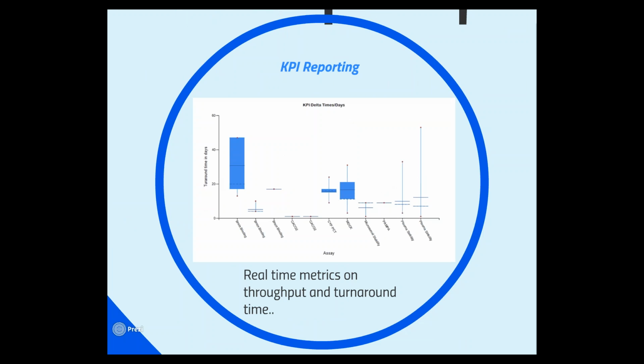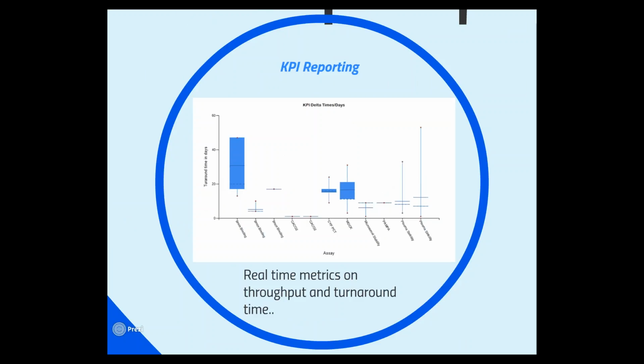Once all that's in and integrated, of course, that means that we're capturing real-time information on the delivery process, which means we can take advantage of that information and produce real-time metrics on things like throughput and turnaround times. So this means that we can then dashboard that information to give it to managers.